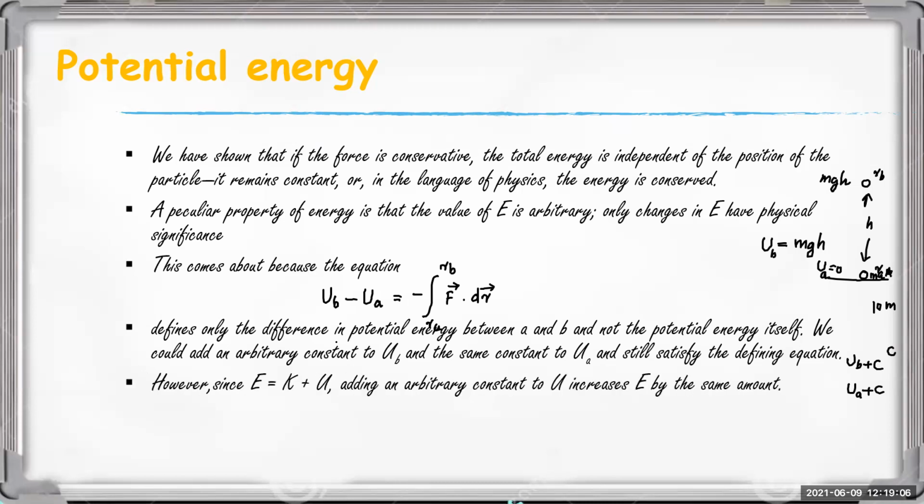However, we know that E is equal to K plus U. Then adding an arbitrary constant to U will increase the total energy E by the same amount.